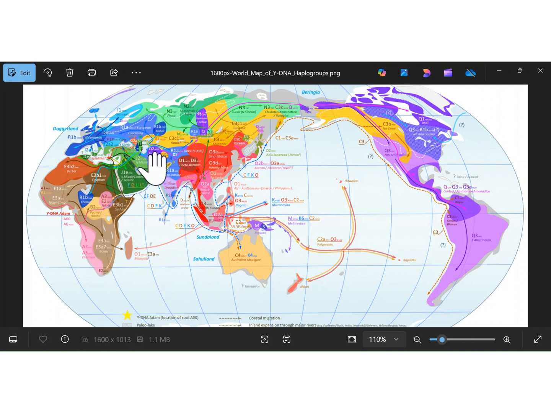And besides, this mosaic is not how it should look if there had been an out of Africa. Whatever the root is, it should be homogeneous, and it isn't at all.